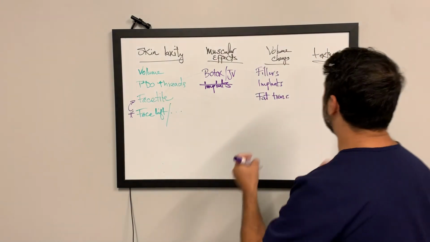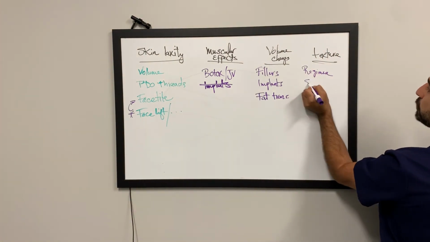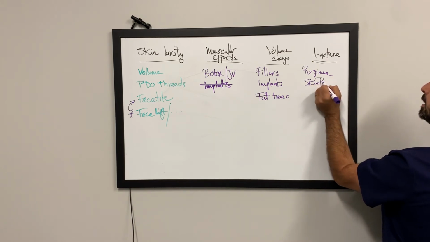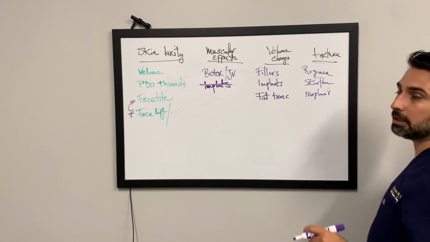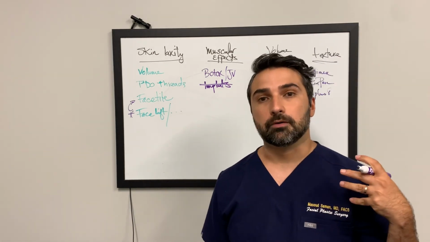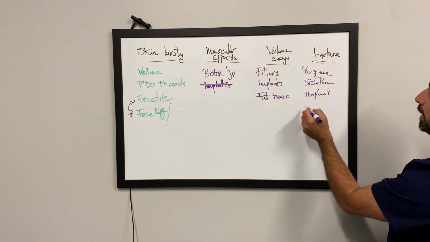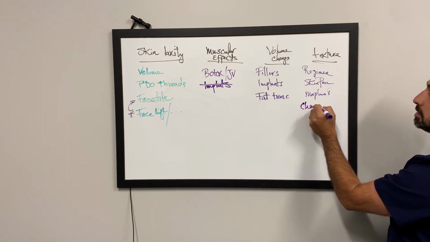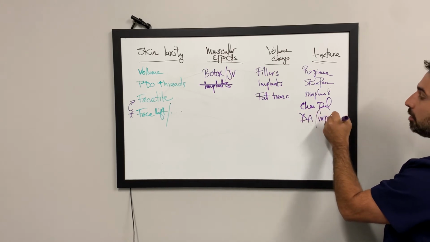So then we have, of course, a very basic skin regimen, very important. Treatment-wise, we have SkinPen microneedling that can work. We have Morpheus 8, which is a combination of microneedling and radiofrequency to also affect tightness. And then we have chemical peels, dermabrasion, and microdermabrasion, and all of these things.